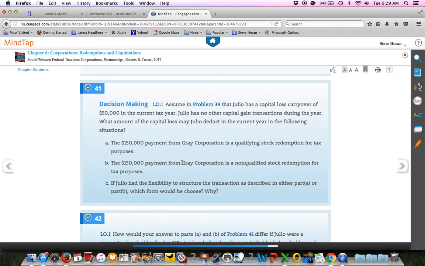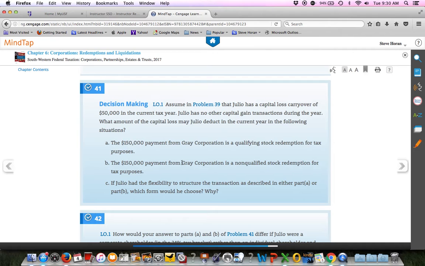His income tax liability on the dividend would be 150 times 15%. So he can offset that 3,000 for ordinary income at his regular tax rate, but he still would have to pay 15% tax on the dividends of 150.